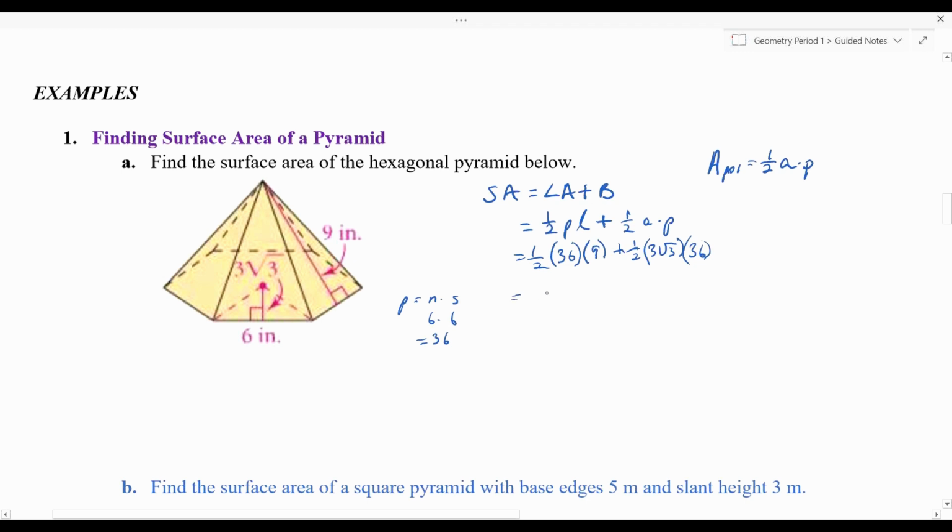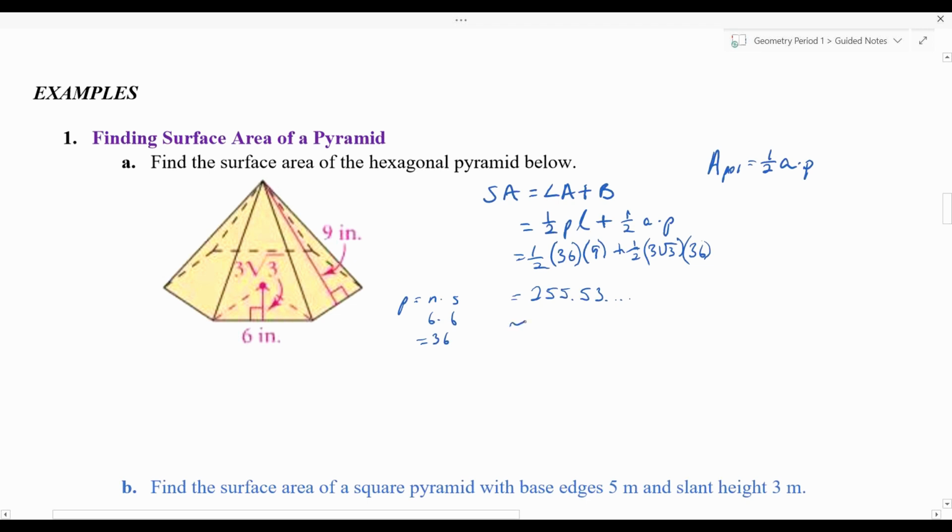This comes out to be 255.53 and a bunch of stuff after that. Now, it does not say to round to anything in particular, but I've mentioned before that if the information they give you is whole numbers, then your answer should also be in whole numbers.